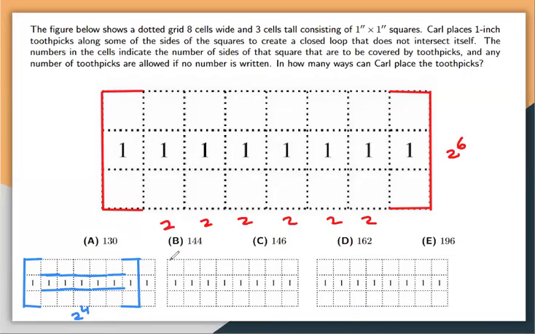Similarly, if I start with the corner again, but maybe not this corner, maybe this corner, and then finish up 1 before the left one.